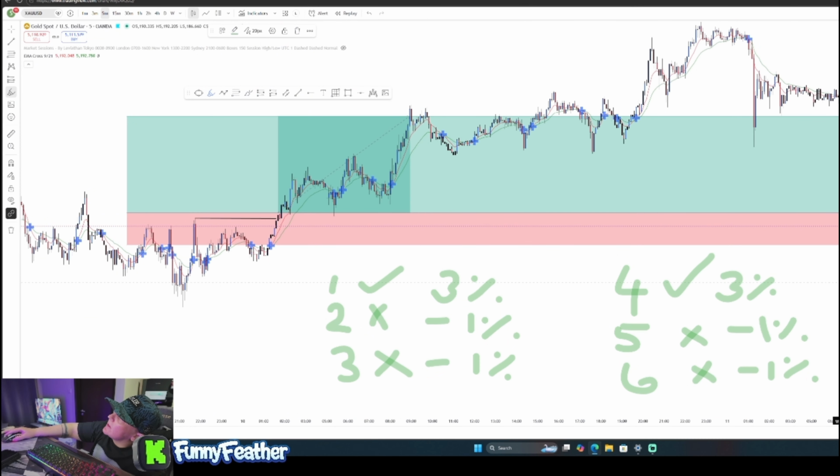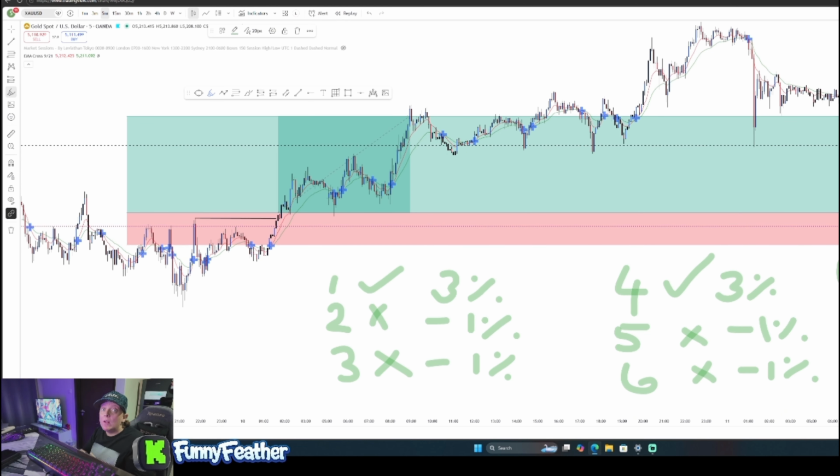Because 3 plus 3 is 6%, then minus 4%, so we are still up 2%. That is what we want to see. We want to see that we're up a little bit, even if we're up 1%.